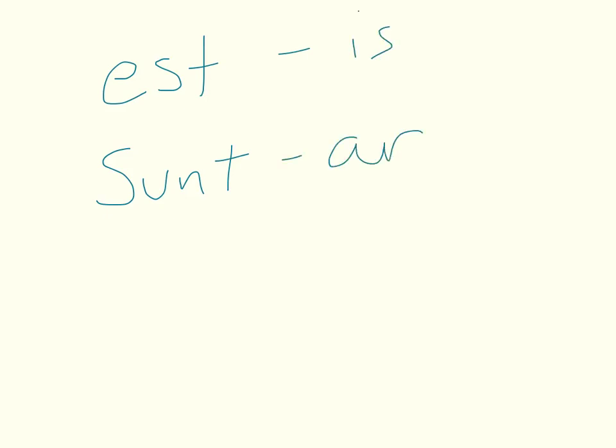You can see the biggest difference is that it's an irregular verb. So once again, the singular is est, the plural is sunt. This means is, this means are, and you can see just like the other plural and singular verbs, the singular ends in a t, the plural ends in an unt, although their beginnings are quite different.